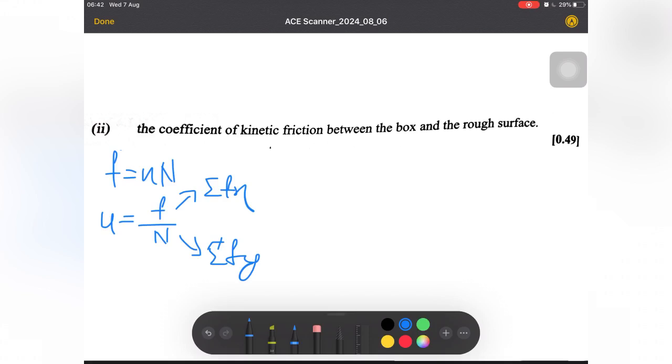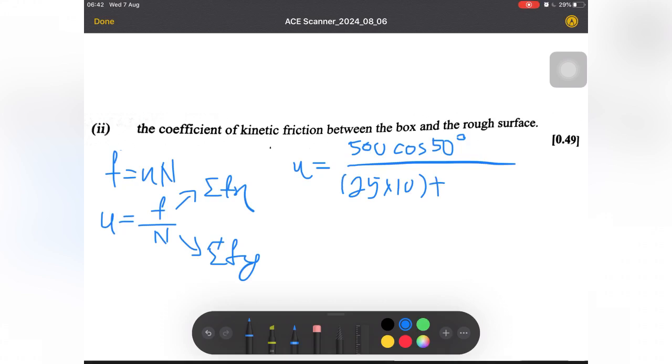Okay, so mu equals Fx, which is 500 cos 50, over 25 times 10, because we want the weight, plus 500 sin 50.